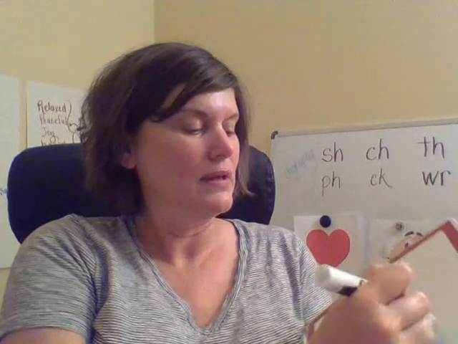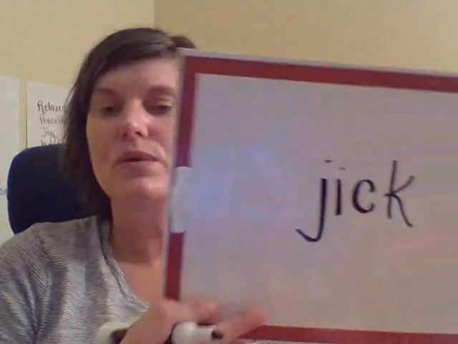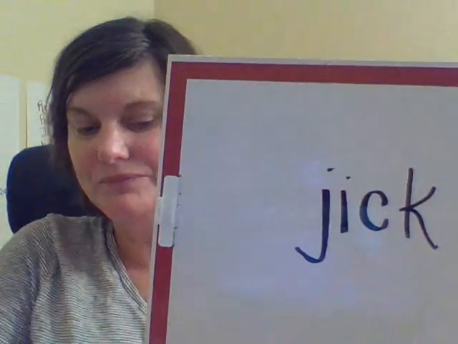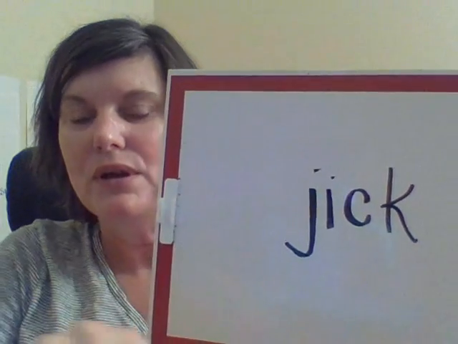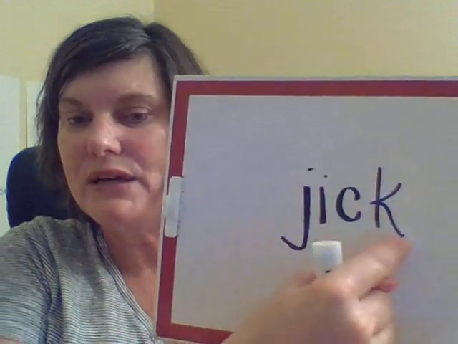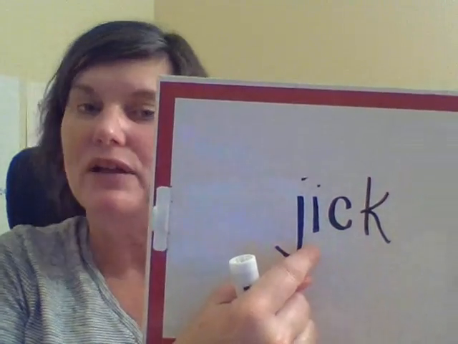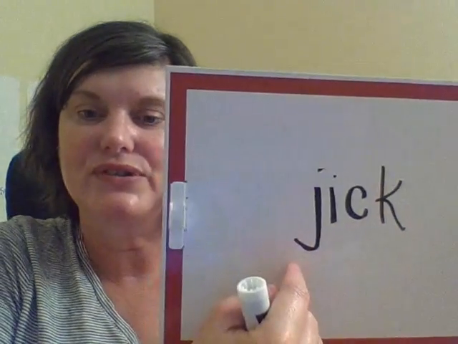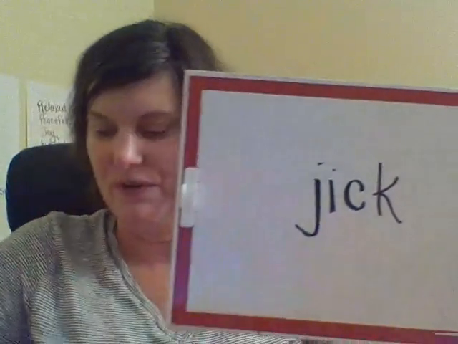Now, what type of syllable is this? Yep, it's a closed syllable type. We know CK says K, okay? And when we have a closed syllable type, we know the vowel is a short vowel sound. So let's sound that out. Jick, jick. Very good.